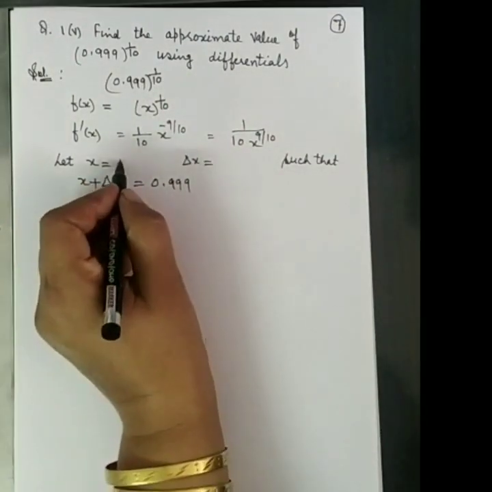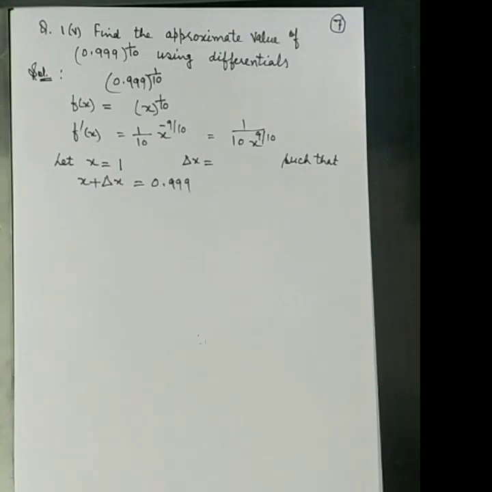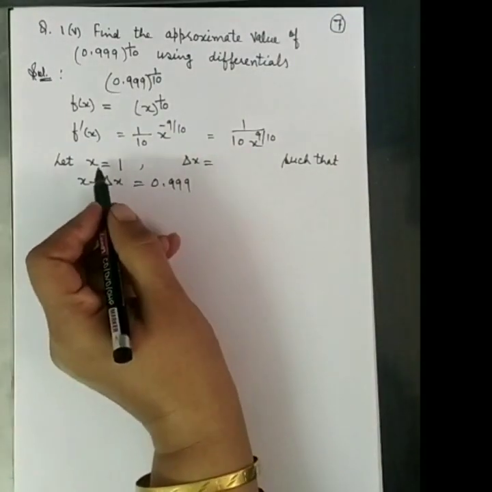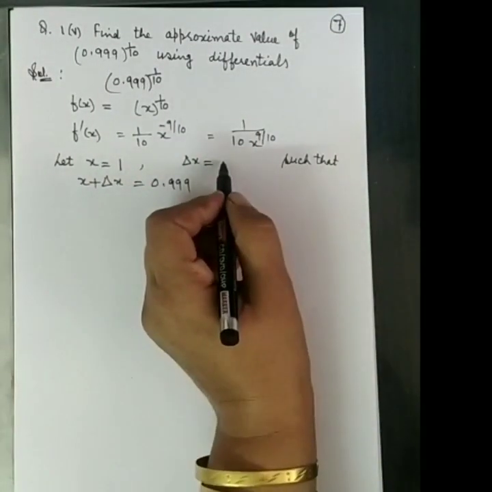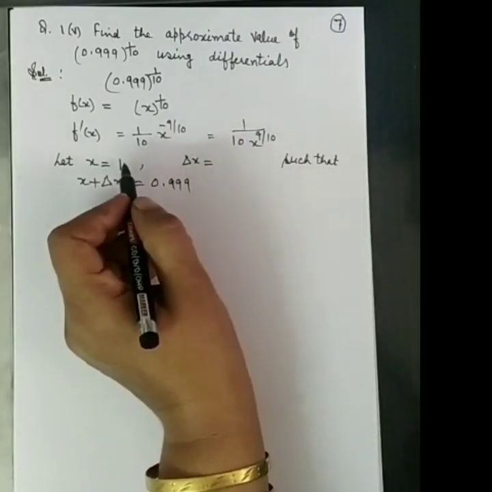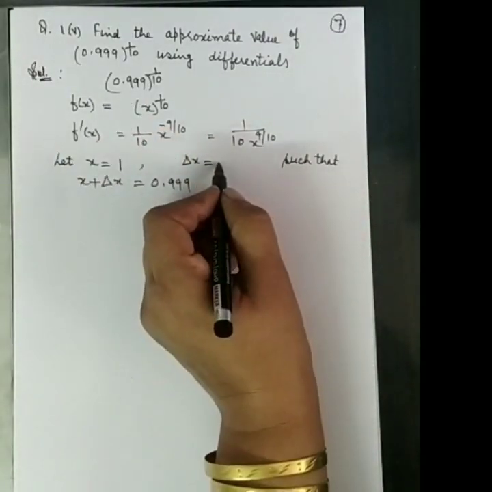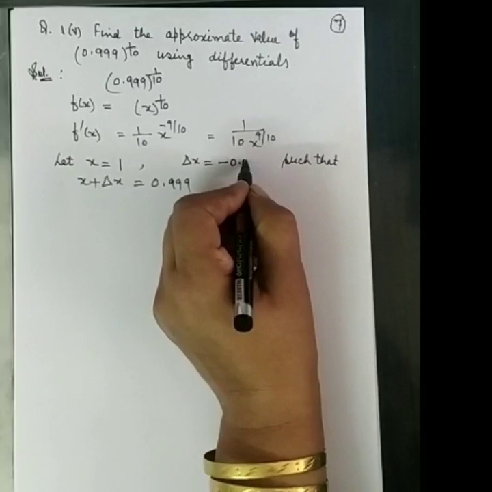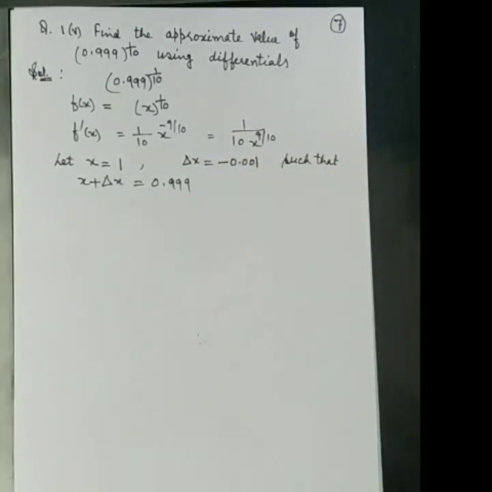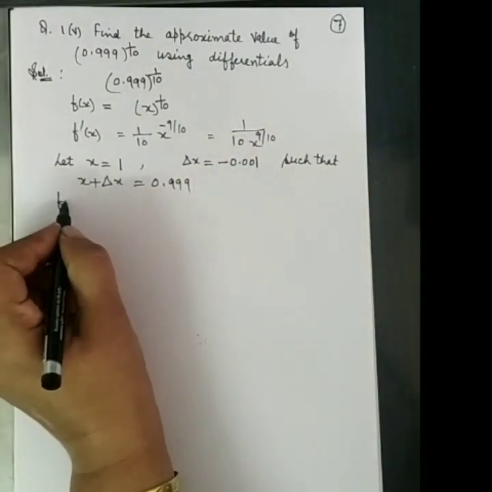So x will be 1, and delta x will be the difference between these two. So it will be minus 0.001. Now apply the formula.